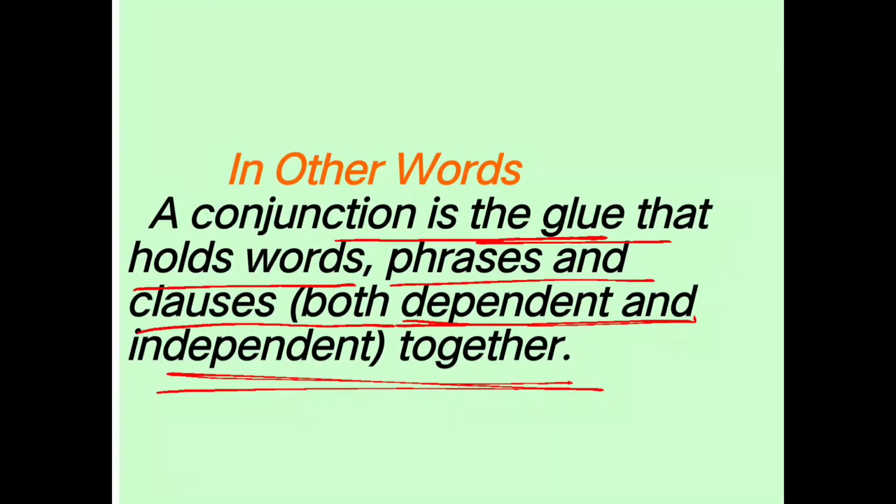We have done this in one of the topics when we did simple, compound and complex sentences, where I told you about these clauses, but we will revise this in detail, right? So in other words, the definition can be: a conjunction is the glue that holds words, phrases and clauses, both dependent and independent, together.